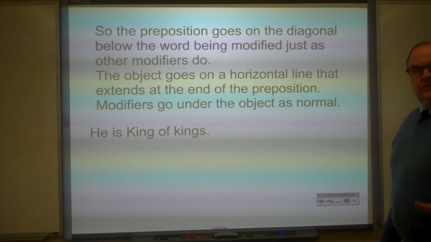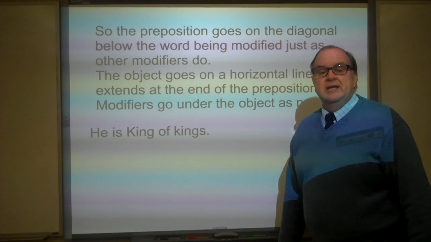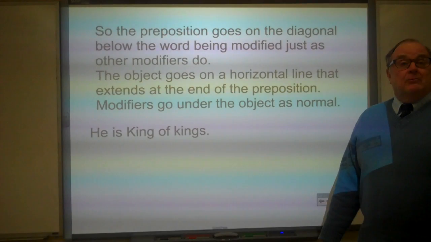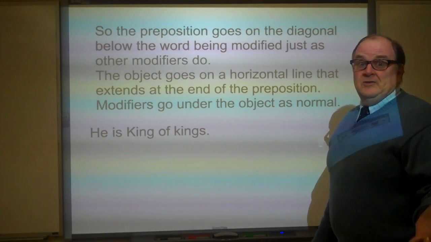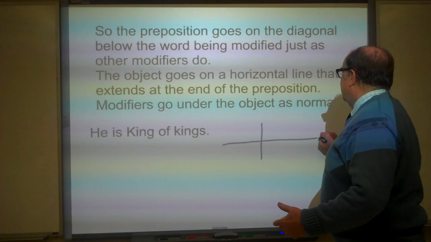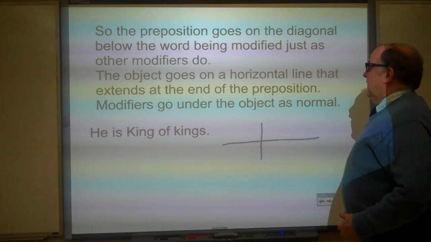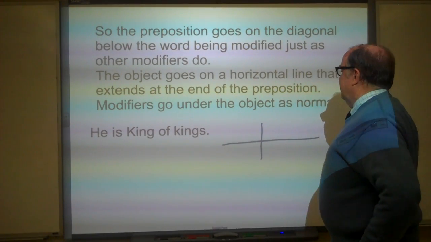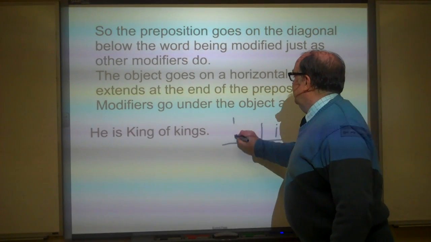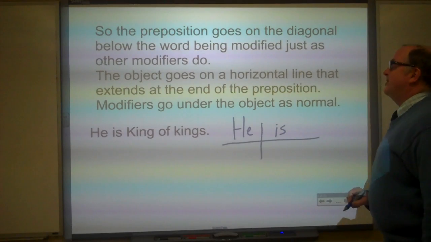So, simple example: He is King of Kings. If you remember, for diagramming, we'll always start with the verb first, because every sentence has a verb. Most sentences have subjects as well, unless they're imperative or dropped for another reason. So, is is the verb. He is the subject.